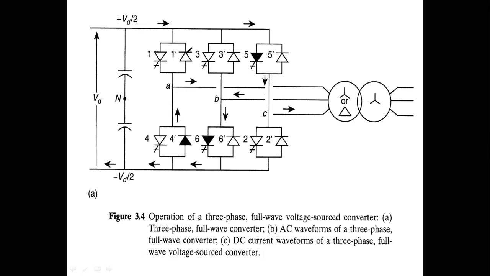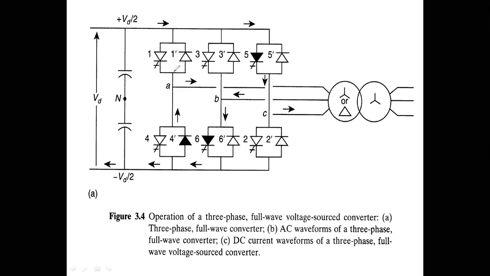Then to provide the current path in the reverse direction, we have diodes 1 dash, 3 dash, 5 dash, and similarly 2 dash, 4 dash, 6 dash. This is just to provide the return path, because we are assuming these valves or switches are bidirectional.